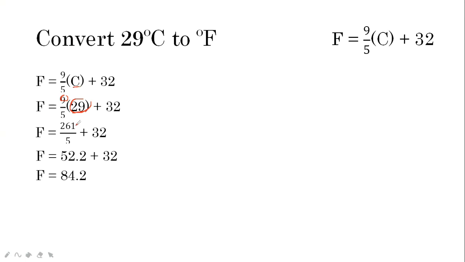Next, 261 divided by 5, that is 52.2 plus 32, and that is equal to 84.2 degrees Fahrenheit. So, ang 29 degrees Celsius is 84.2 degrees Fahrenheit.